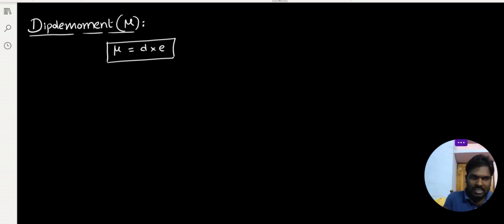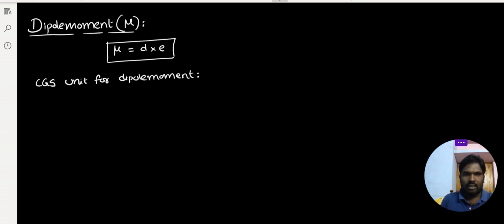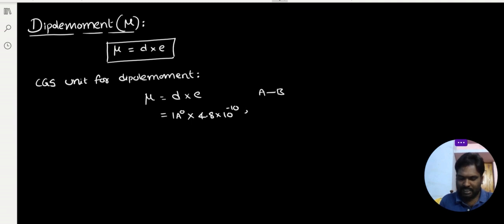Now, the CGS unit for dipole moment. Mu equals d into e. Suppose the distance between two atoms in a molecule AB is d, 1 angstrom, and the charge is 4.8 into 10 to the power of minus 10 ESU, electrostatic unit.